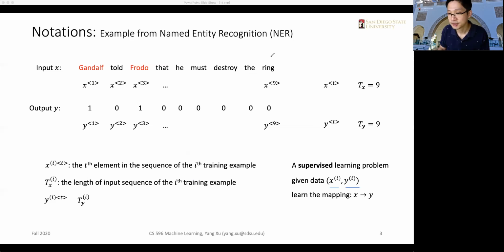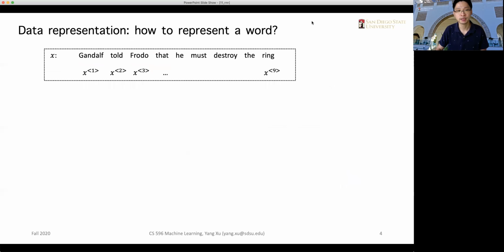X is the input vector of words, and Y is the output vector of tags. So that's some notation. You can see a lot of similarities to previous supervised learning examples, like image classification, but also some differences.